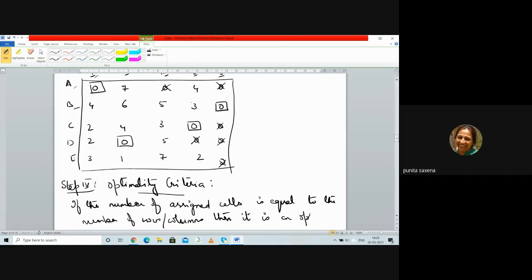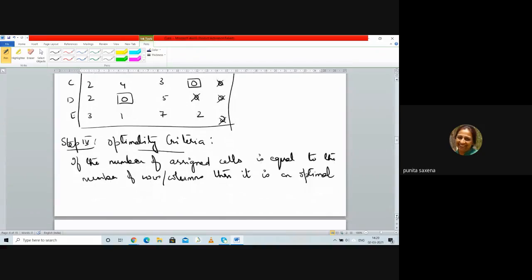So that means what do we want? We want our number of assignments to be equal to the number of rows or columns in the opportunity cost matrix. So if the number of assigned cells is equal to the number of rows or columns, then it is an optimal solution.